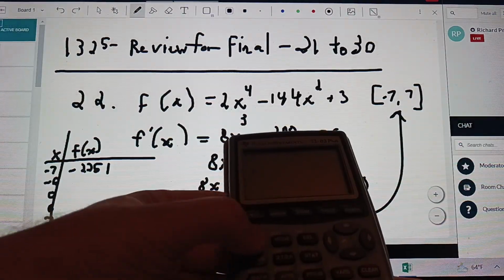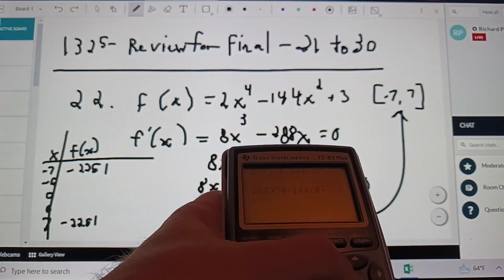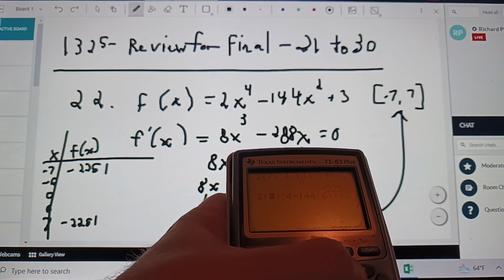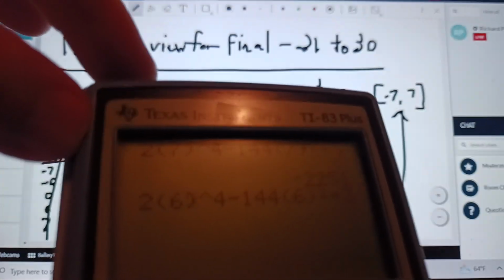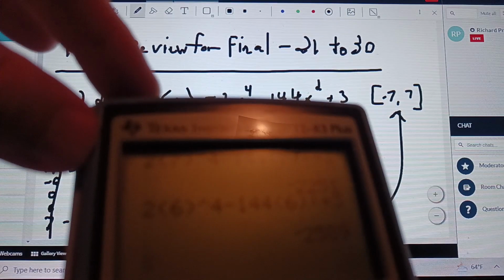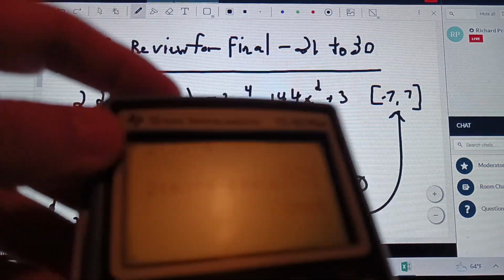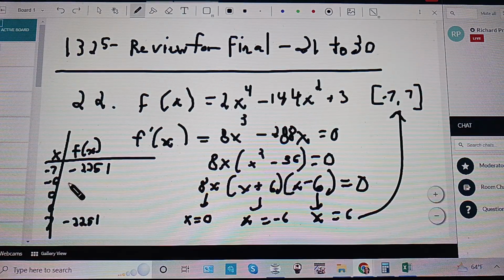Then I can do second enter and change the 7s to 6s. And so both 6 and -6 are going to have an answer of -2589. Those first 2 answers were so negative, I thought they were going to be the lowest answer, but here's 2 answers that are already lower than that.